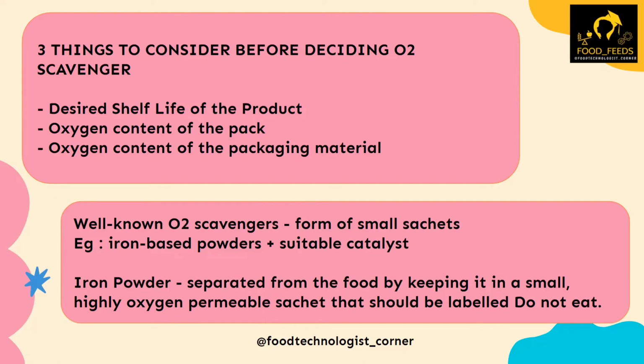And it will also form an irreversible reaction which will give us a stable oxide form in the packet. And these iron powders, as you know, are separated from the food in a very small, highly oxygen permeable sachet, and they should compulsorily be labeled as do not eat.